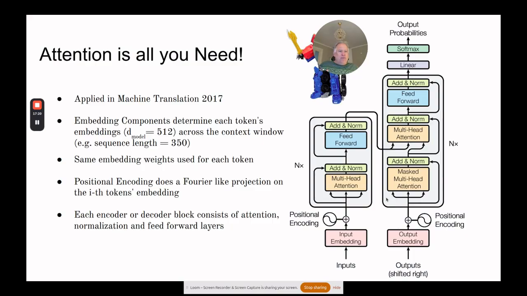Now, the decoding is happening autoregressively. We'll talk more about what that means when we look at GPT. What it means is that we start out with the only thing coming in being je t'aime.